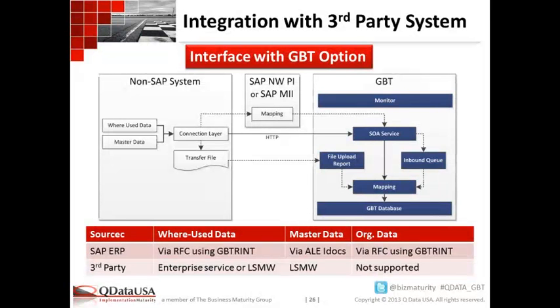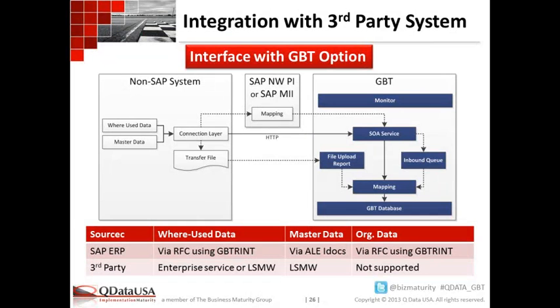I mentioned earlier about integrations with third-party systems. Here's the way of doing that. So in your non-SAP system, you've got your master data and you've got your transaction data. First of all, from a master data perspective, we would need to get a file from you. That file would then be uploaded into the system. We need to configure the mapping side of things, and then that gets loaded into the database.